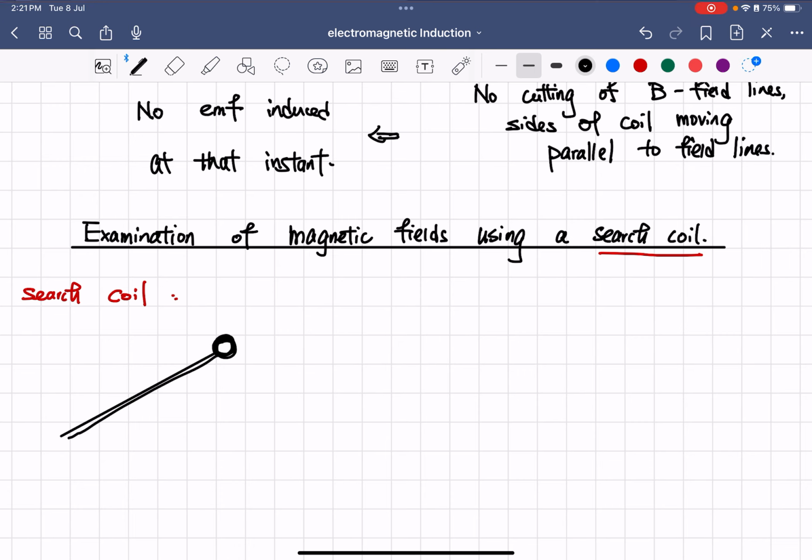This is the search coil. You have a certain number of turns, so the number of turns is N, and then we can of course talk about the area A.